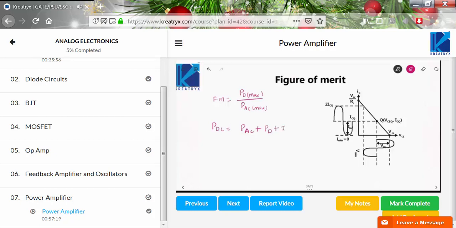Power dissipated in the load is nothing but I_CQ squared into R_C. What is P_DC actually? P_DC is V_CC into I_CQ, which is equal to P_AC plus P_D plus I_CQ squared into R_C.